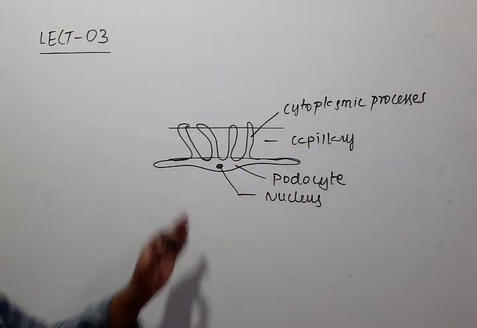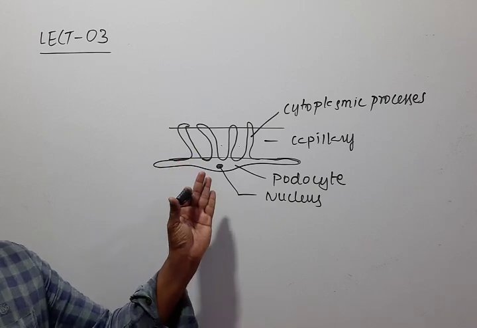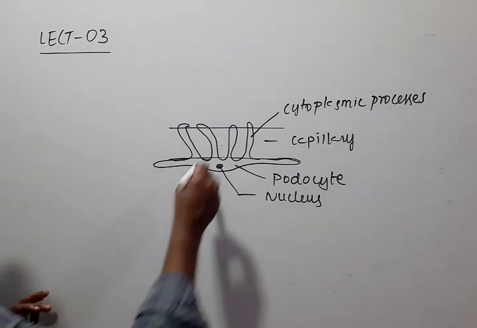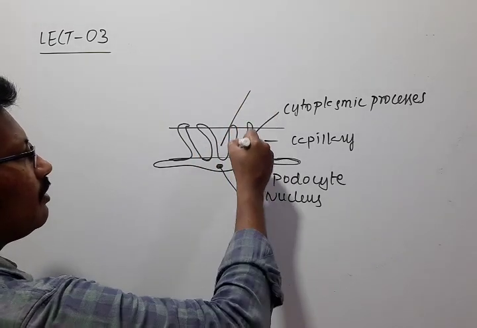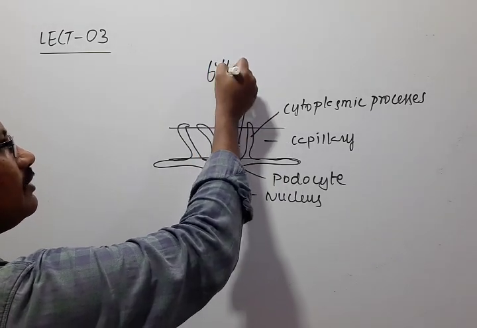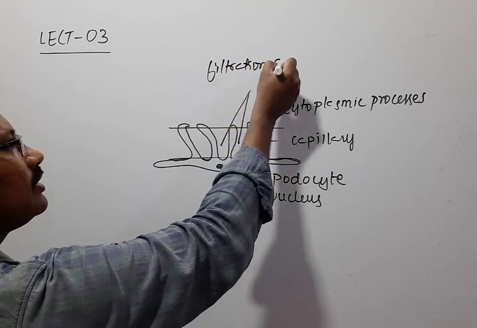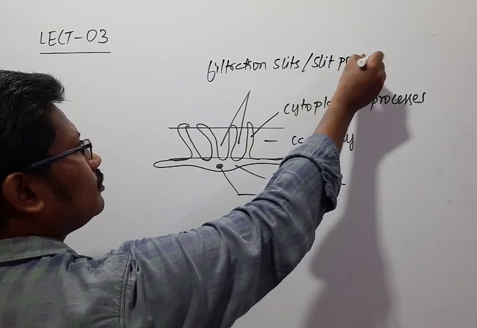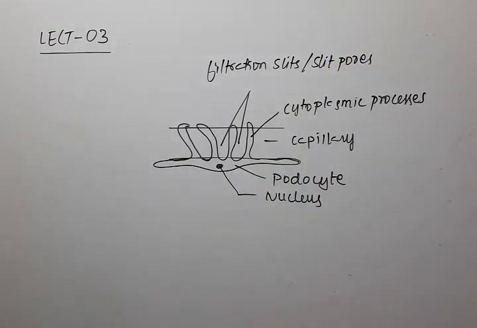Of course, it looks very big here, but they are very minute spaces, and these are what we call the filtration slits or slit pores through which the process of filtration takes place.